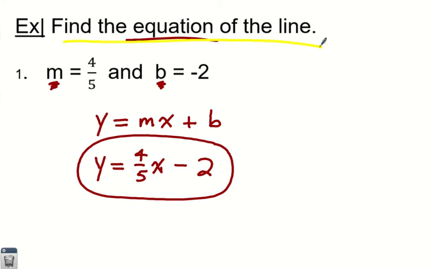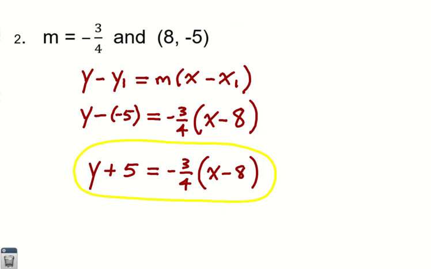They didn't specify how the equation should look. So basically, if you were just going to take the directions verbatim, you can stop right here. Because it's not like y plus 5 equals negative 3/4 times the quantity x minus 8 is not an equation.